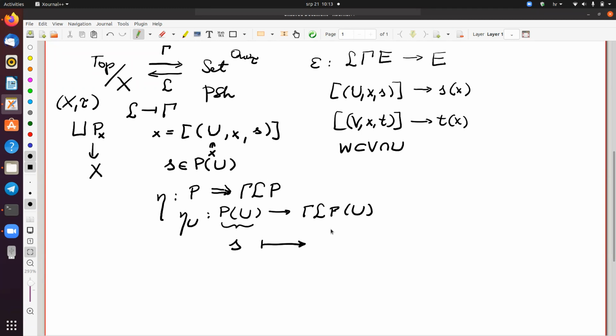So this is the correct way to write it: you take germs first, and then you take sections over there which pass through germs.